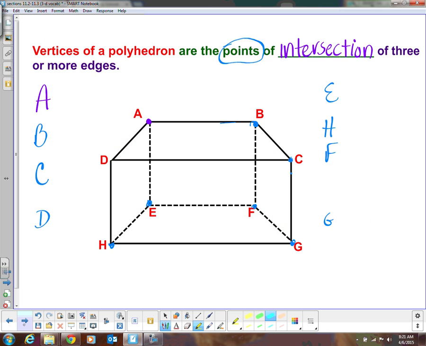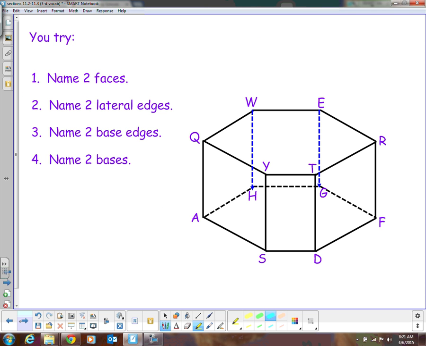All right, so then we get to vertices. First, who can name one of the lateral faces? Actually, when I go to do this, YS is a lateral edge. A face would have to have four sides. A face would be a surface.